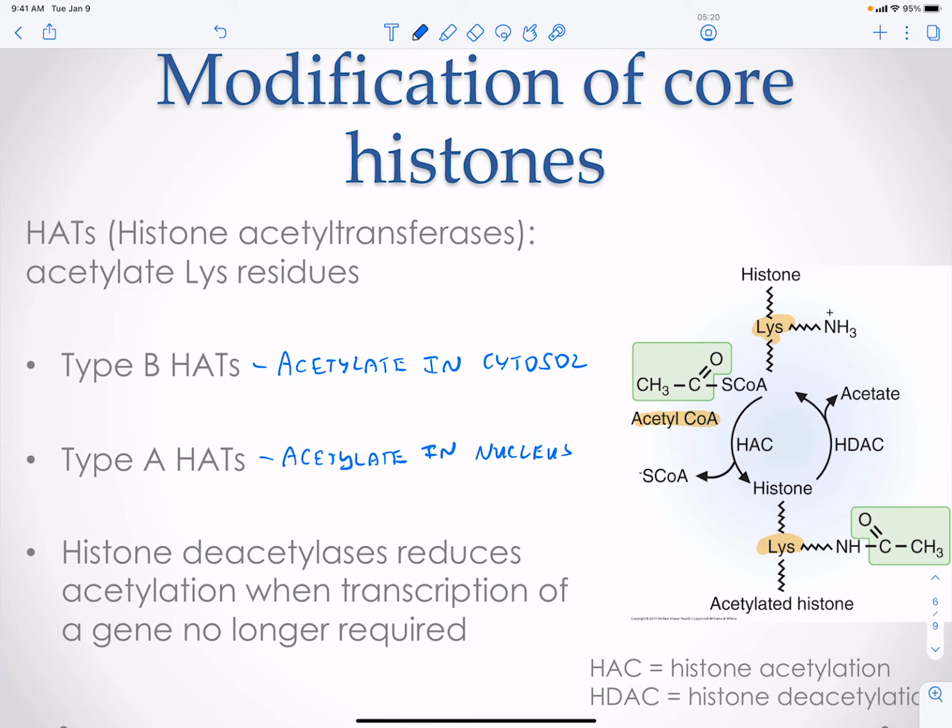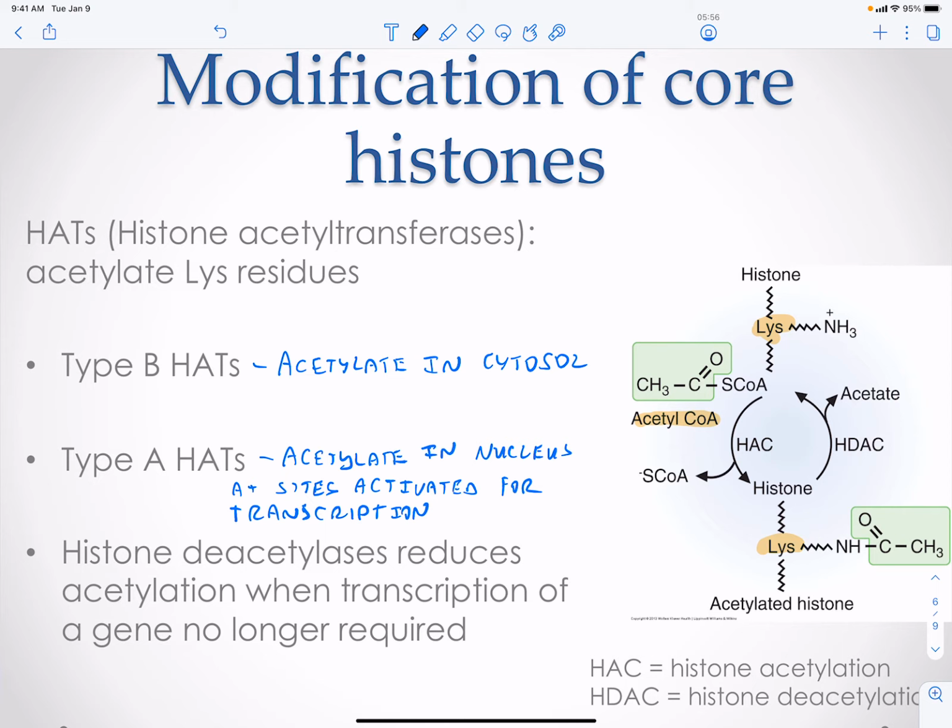And so the type A HATs are going to add to sites that are being activated for transcription. So these additional acetylation sites are going to be on our histones 3 and 4.